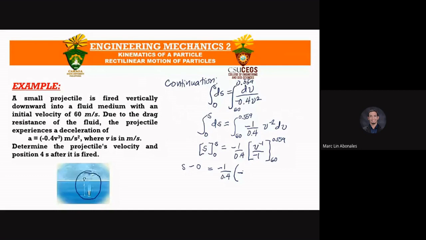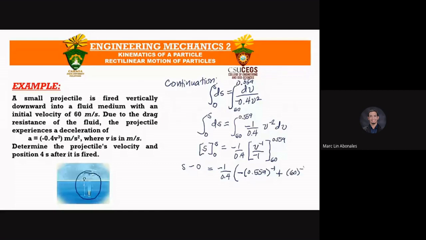So that would be negative 1 over 0.4 times 0.559 to the negative 1, our upper limit, minus the lower limit, which is 60 to the negative 1. Okay?